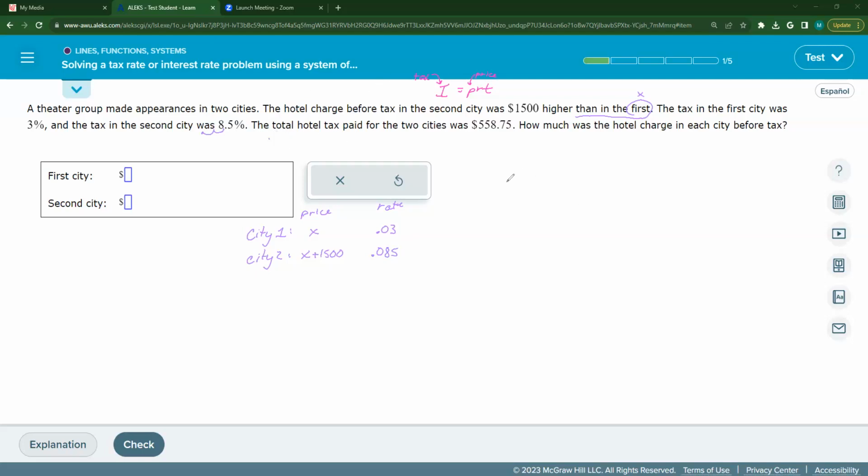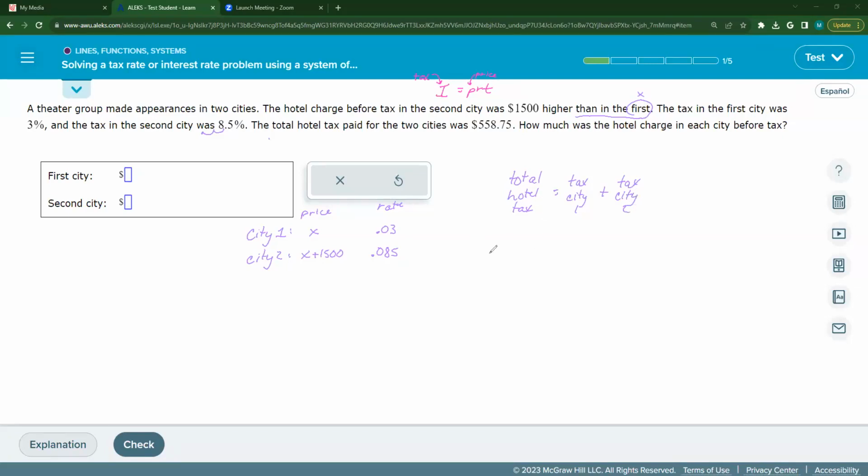Total tax. So total hotel tax equals tax city 1 plus tax city 2.